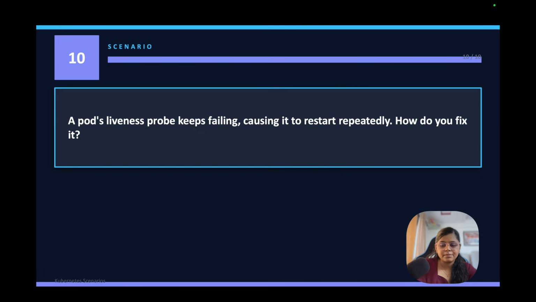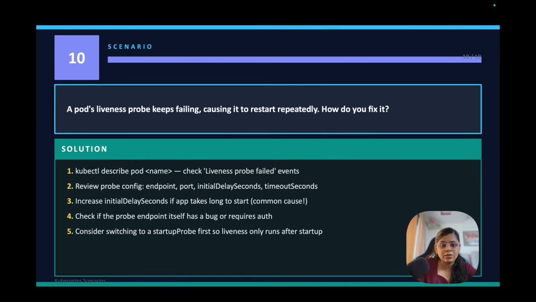And we are done. Let's go to the solution. Again here, you need to describe the pod and check the liveness probe failed events. So what are the possible events because of which the liveness probe has failed?